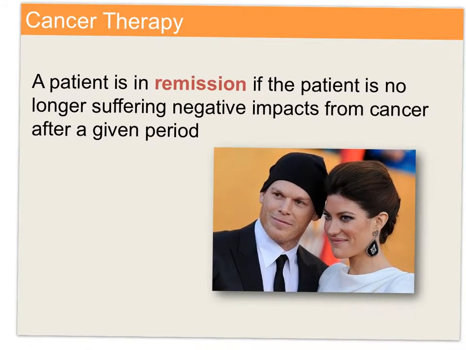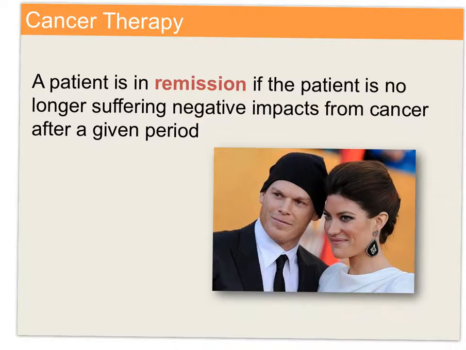Now, in terms of cancer therapy, whether it's standard chemotherapy, targeted chemotherapy, immunotherapy, radiation, whatever, oftentimes cancer will go into remission. In other words, the tumors will shrink, it will stop spreading, and the symptoms the patient is suffering from will disappear.